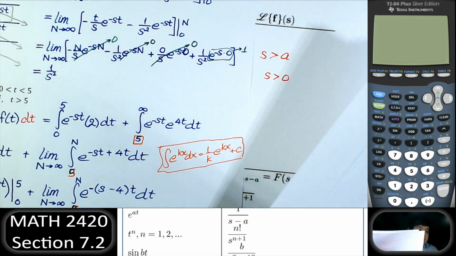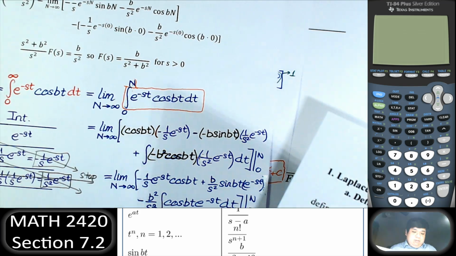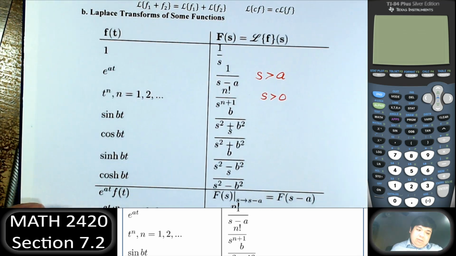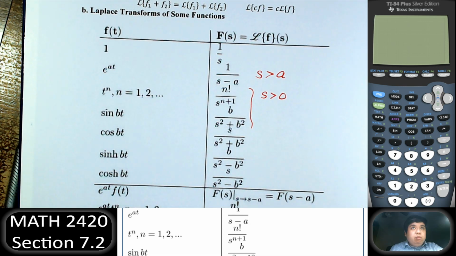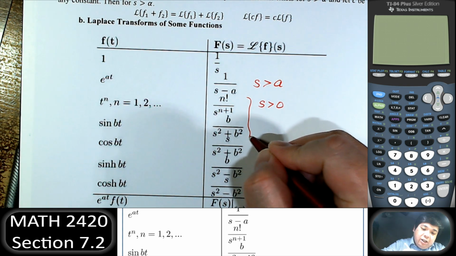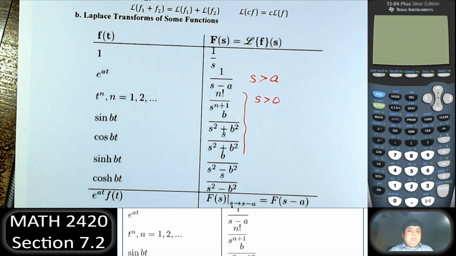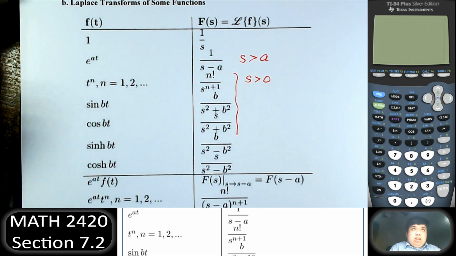And for sine of bt, once again, s is positive. For those functions here. Right, so that is the table.